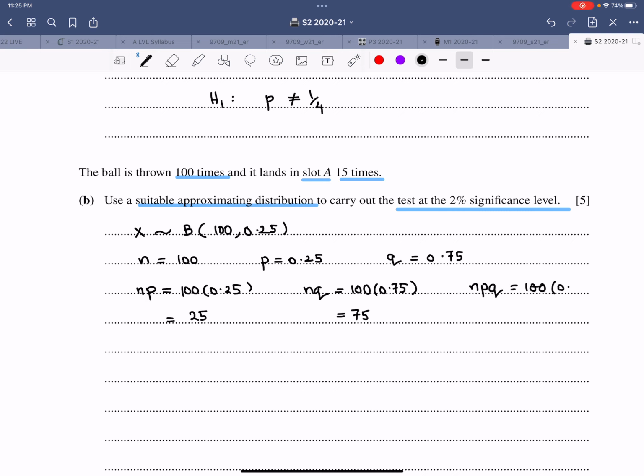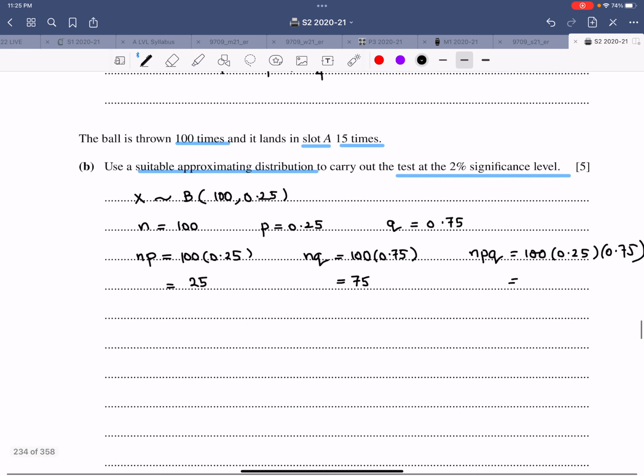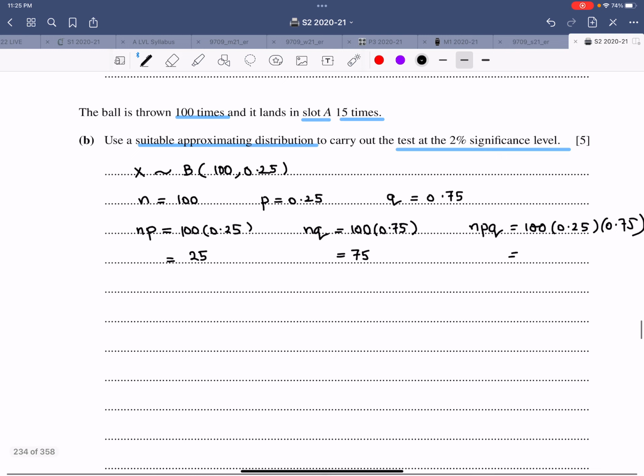So for the last one, I need to grab my calculator, and this is 75 divided by 4, which comes out to be 18.75.